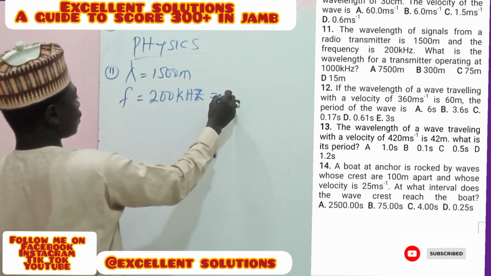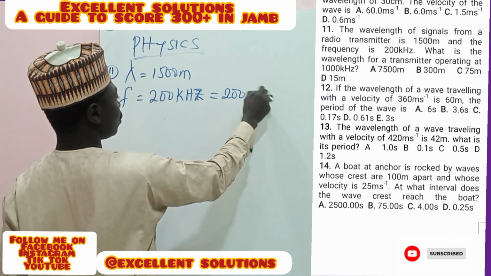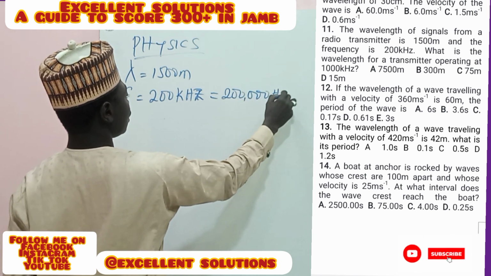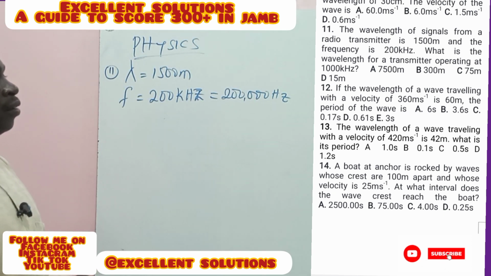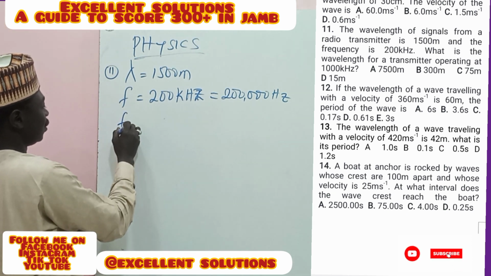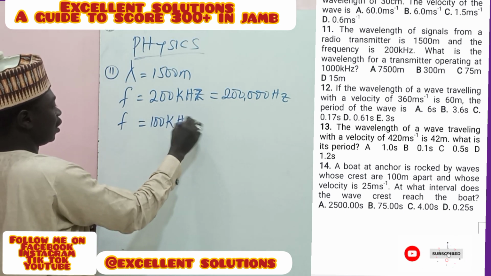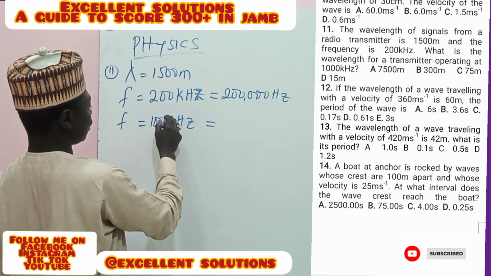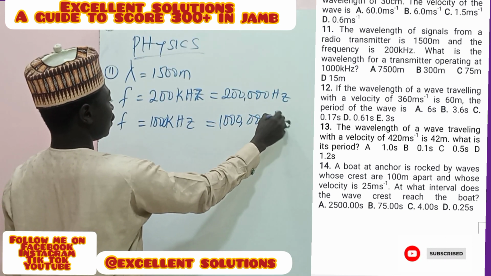This is the same as 200 times 1000, so we now have 200,000 hertz. What is the wavelength for a transmitter operating at 1000 kilohertz? So we have another frequency F, which is 1000 kilohertz. This is the same as 1000 times 1000, and we now have 1 million hertz.